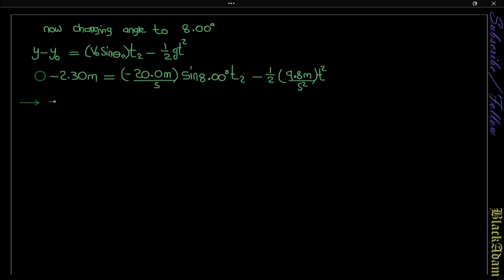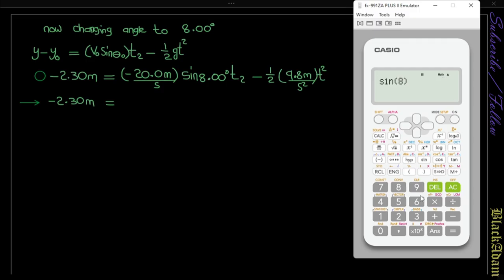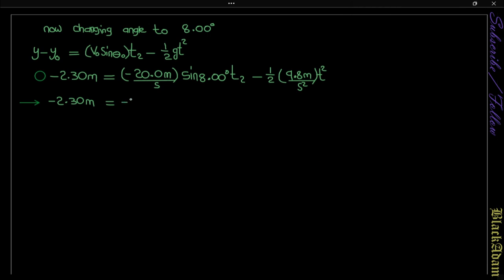So that's going to be negative 2.30, giving us 20 times sine 8, which is 2.78. So it's 2.78.